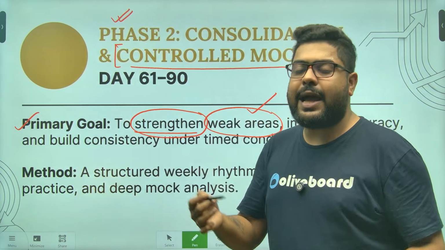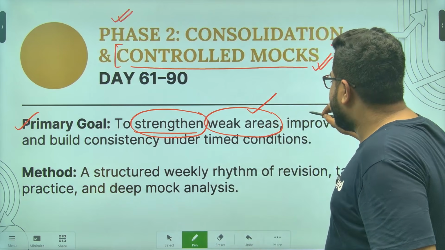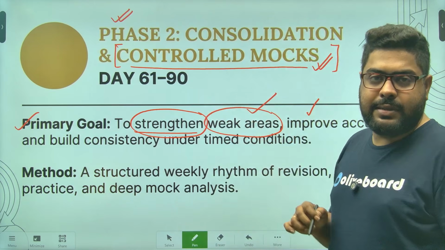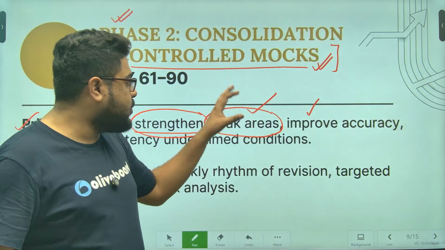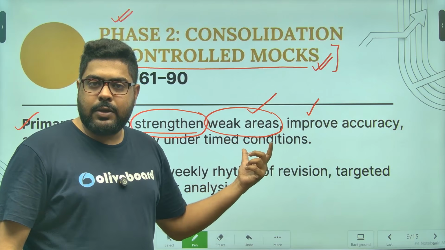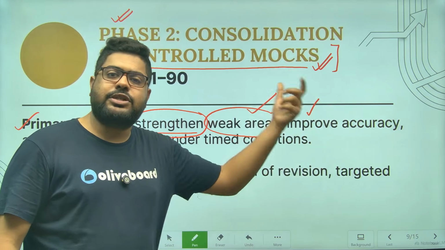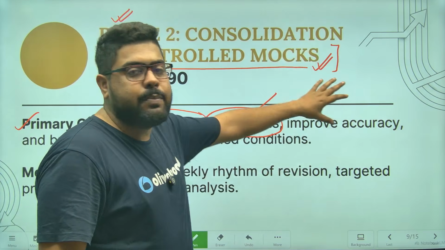Because based on that, we will focus our revision so that we can improve. Whichever are our weak areas, we will revise those chapters more so that we can improve there.